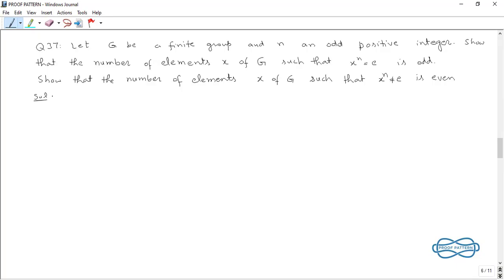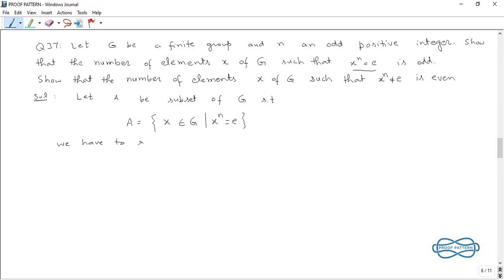Okay, we start the solution. Let A be a subset of G such that A consists of all those elements x of G such that x raised to the power n is identity. Now, if we want to show that the number of elements with this property is odd, we have to show that the cardinality of A is odd.